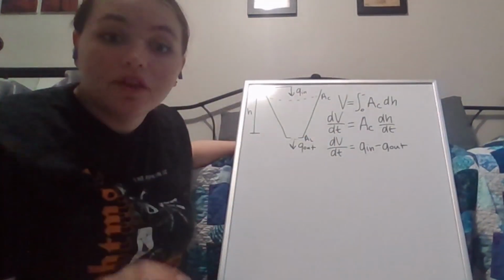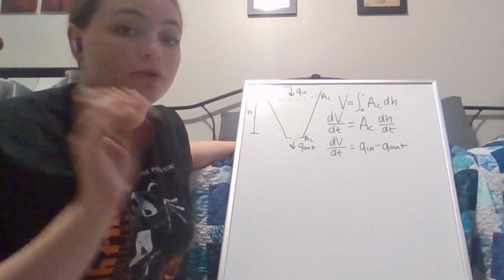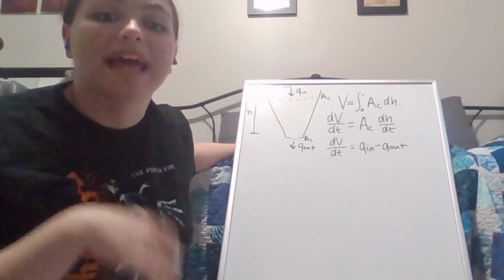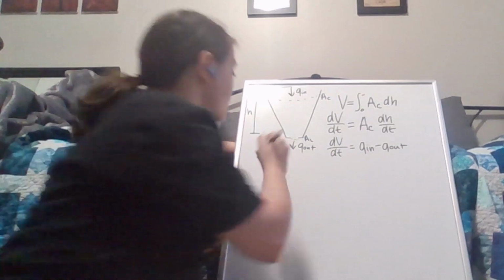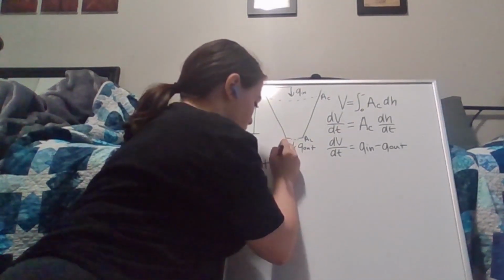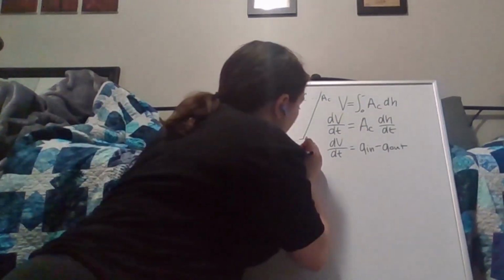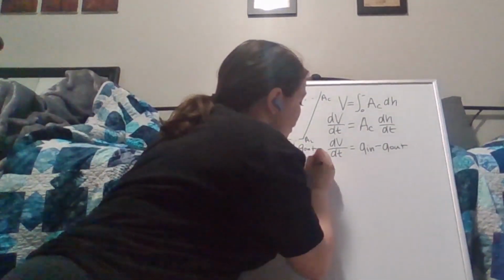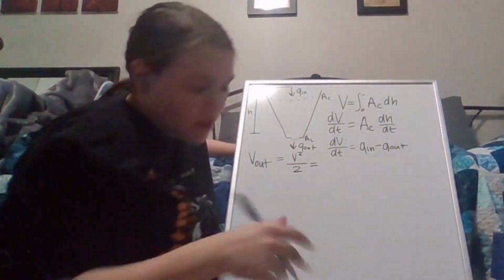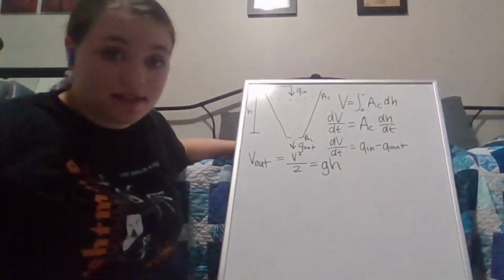Now, the other way we can also look at this is through Bernoulli's equation and look at the volume coming out. So with Bernoulli's, we have V out, V squared over 2, which is also equal to the gravitational constant times height.